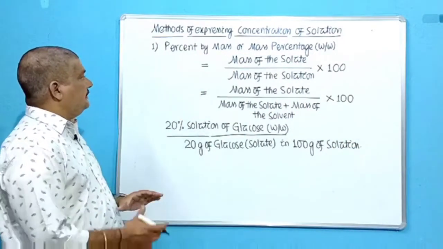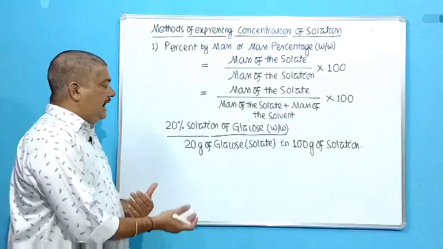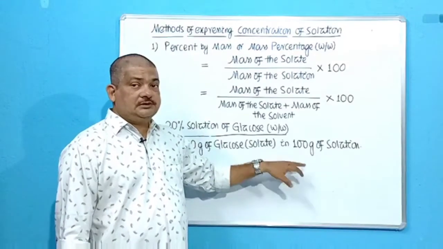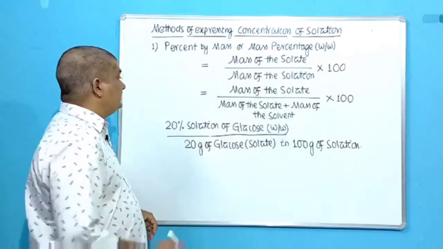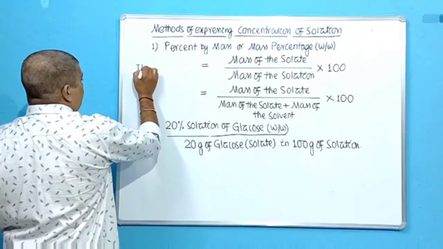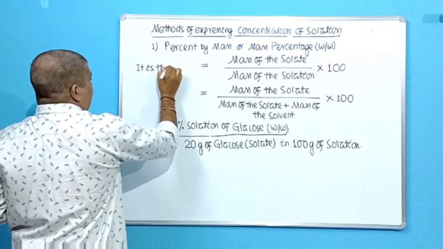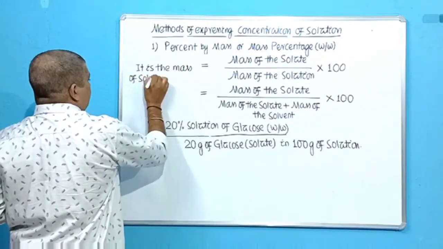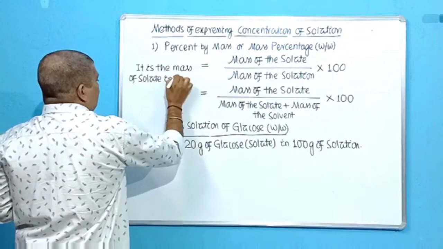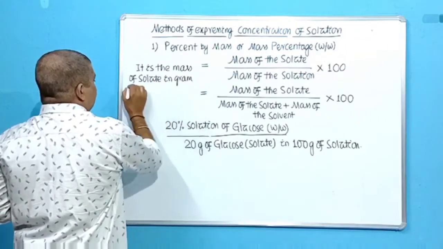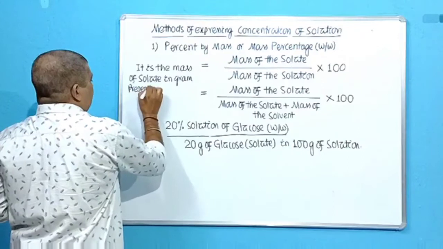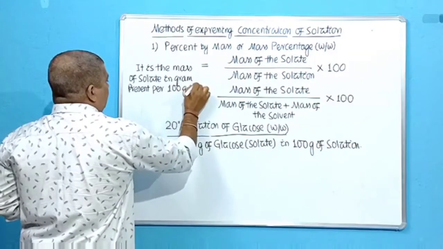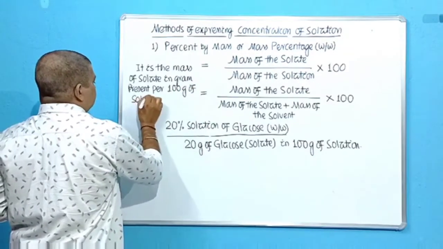So how to define percent by mass or mass percentage? It is the mass of solute in grams present per 100 gram of the solution. So we can redefine this one like this: it is the mass of solute in grams present per 100 gram of solution.